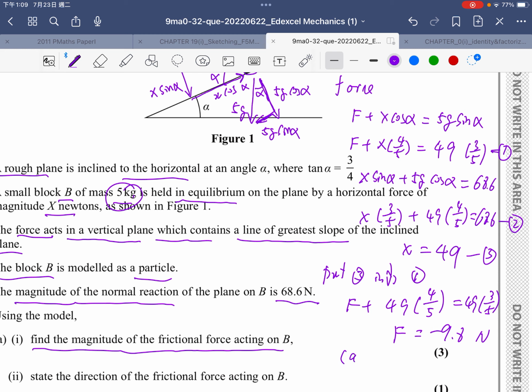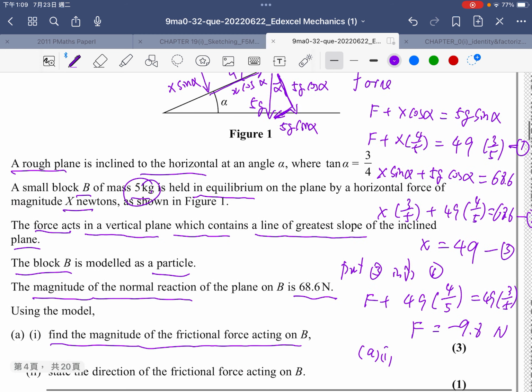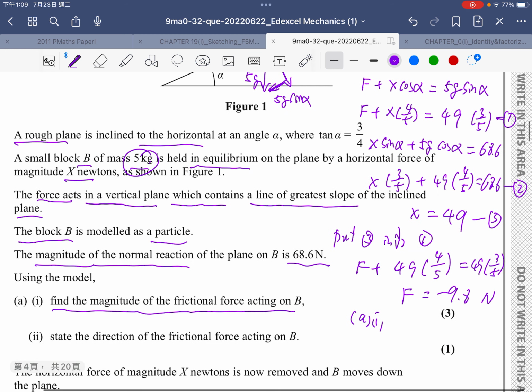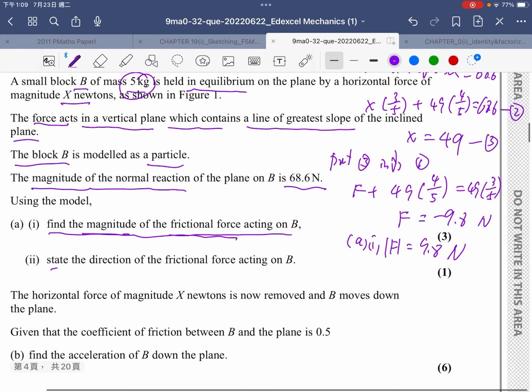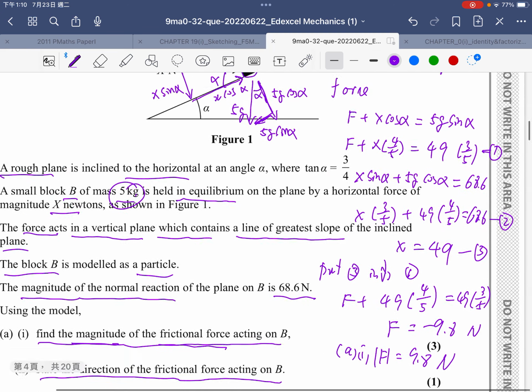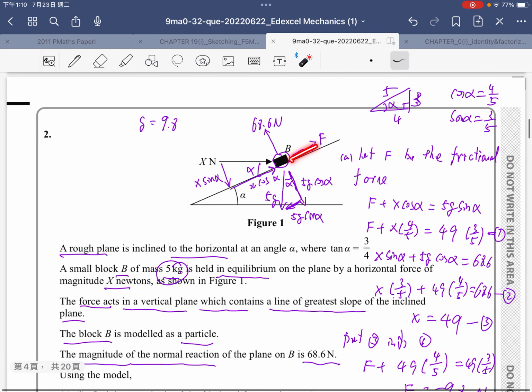Finally, we can say the magnitude of the frictional force is 9.8 Newton. For the second part, state the direction of the frictional force acting on B. I think I have stated it here.